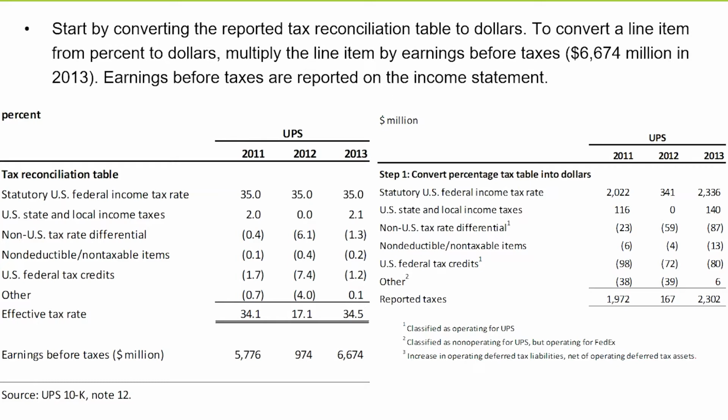Then they have a non-US tax rate differential. So they operate in other countries, and because of that, they might get some kind of tax credits or savings from paying those different rates. So income that they earned in, say, Ireland would only be taxed at a 20% rate.